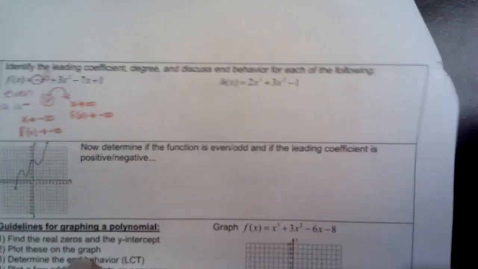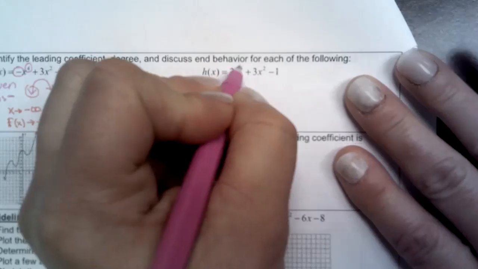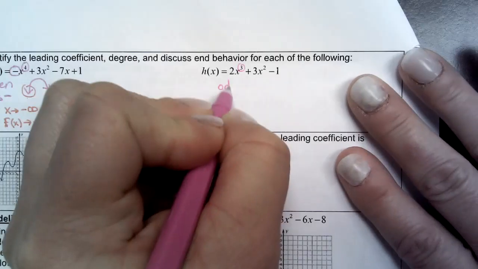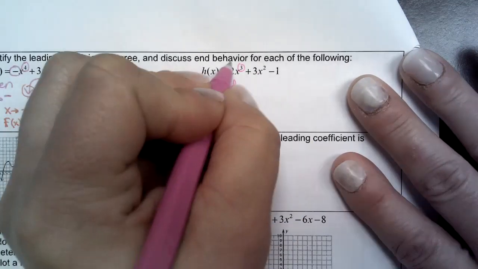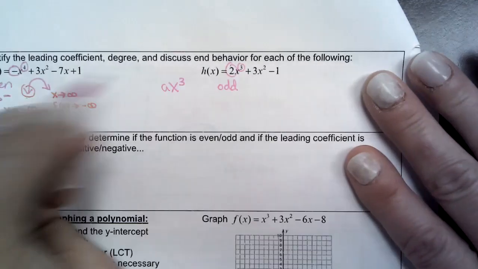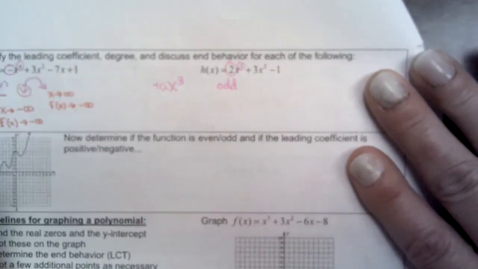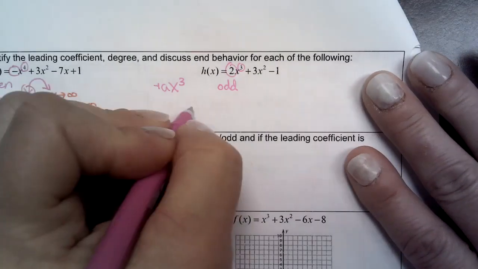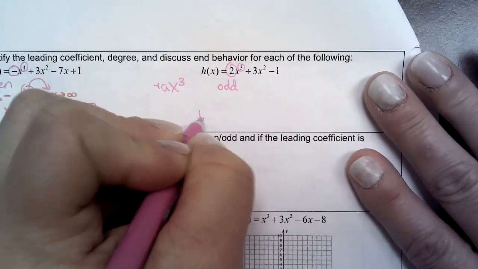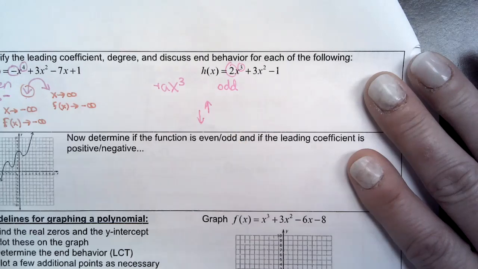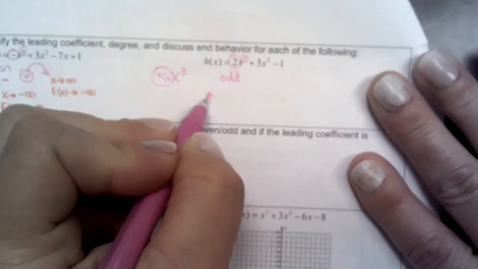Okay, so let's take a look at the next one. The next one is odd. So it's going to be an x to the 3rd function, and my a is positive. So it's a normal, or positive. I know that in that case, it ends in the direction of my a.